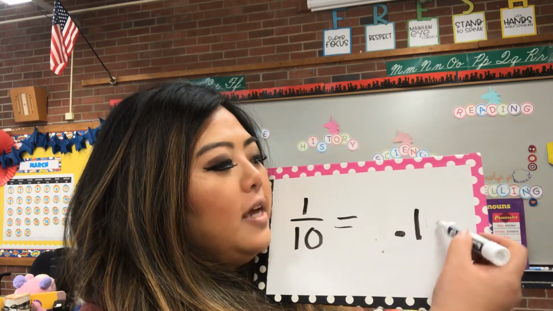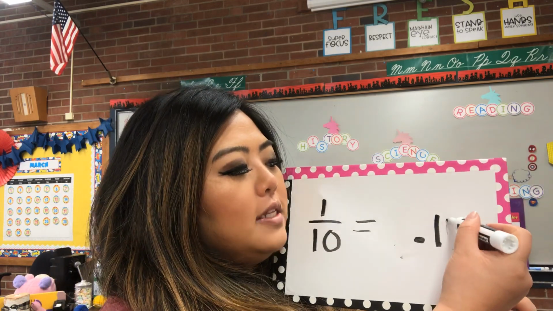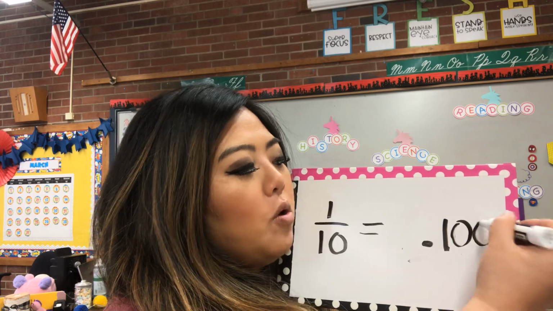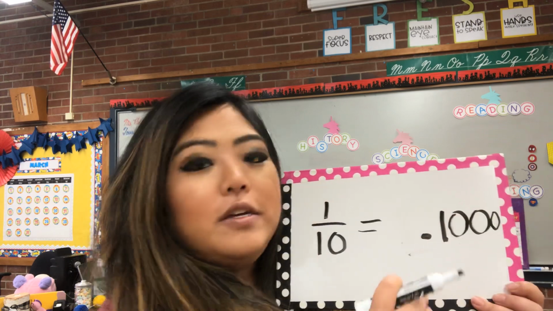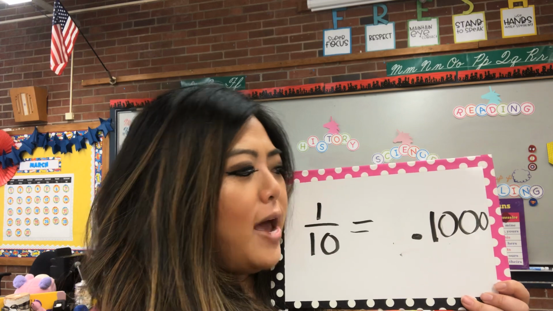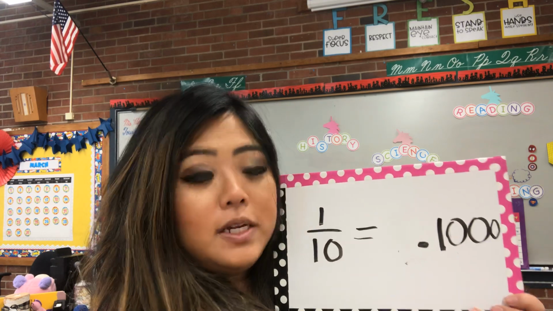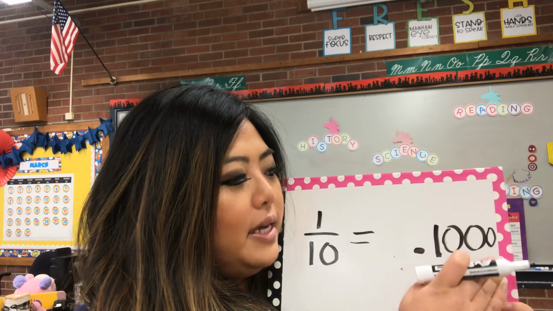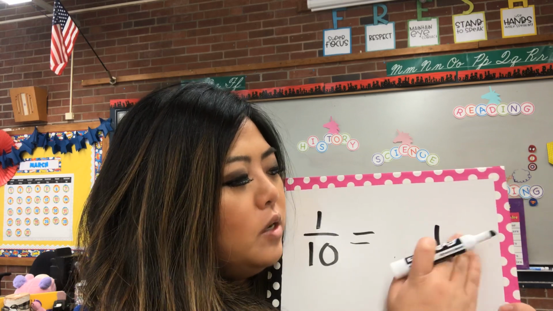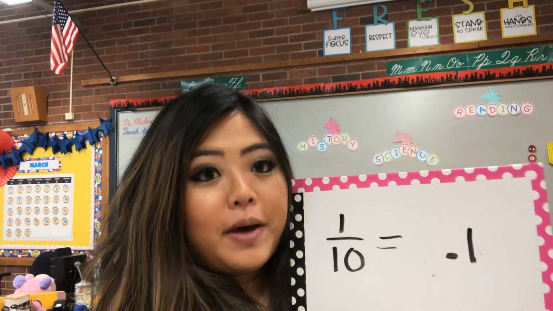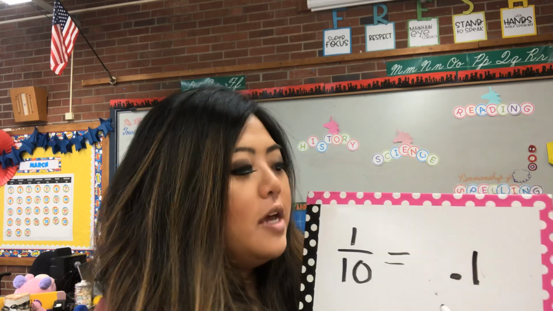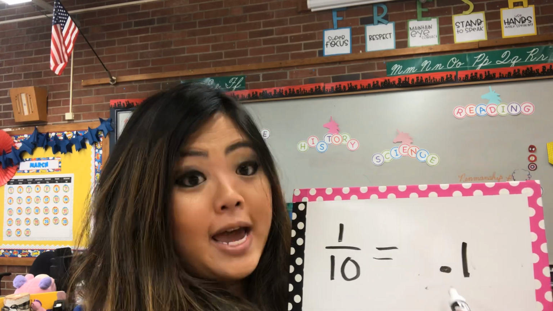Now this is something cool about decimals. You can actually add as many zeros to the end as you want, or take away as many zeros. Like you said, wait, you just took our 0 away. You can add as many zeros as you want to the end, or take away as many zeros, and it still means the same thing. Just like a fraction, 0.1 is 1/10.